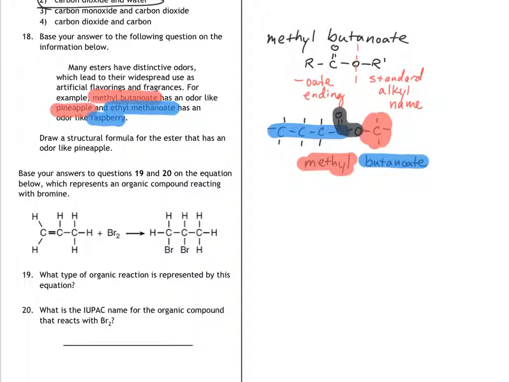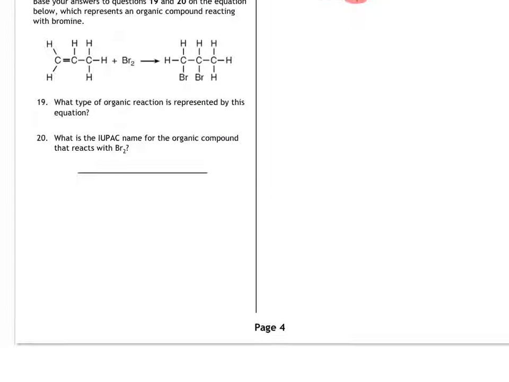Now in number 19, we're asked to consider the following formula for a structural equation. And we've got a 1, 2, 3. So this is a propene. And of course I'm using the ending ene because of the presence of the double bond. And this is bromine. And it's making this saturated molecule that has 2 bromines in it.